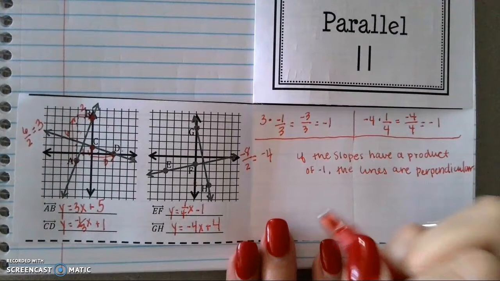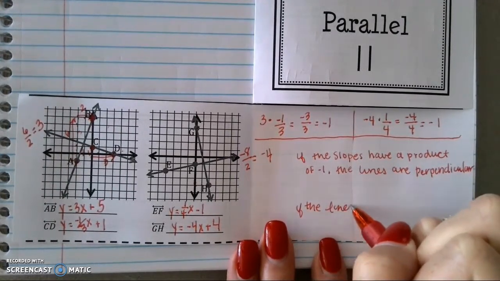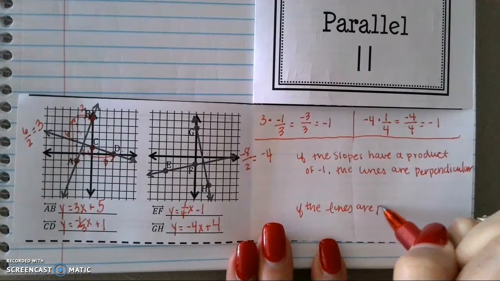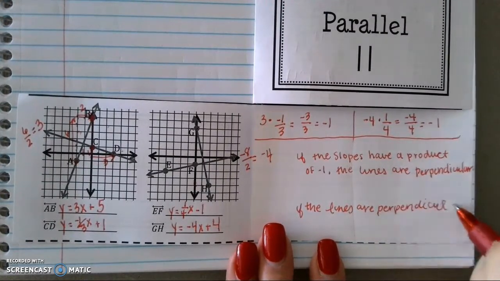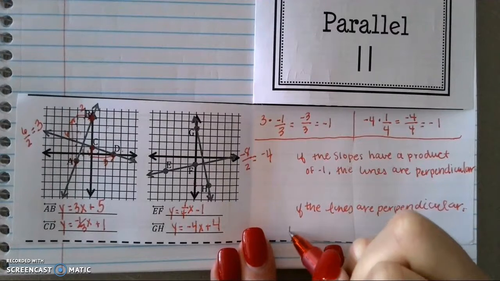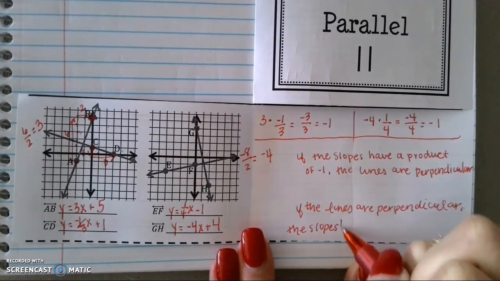And then alternatively, if the lines are perpendicular, the slopes have a product of negative 1.